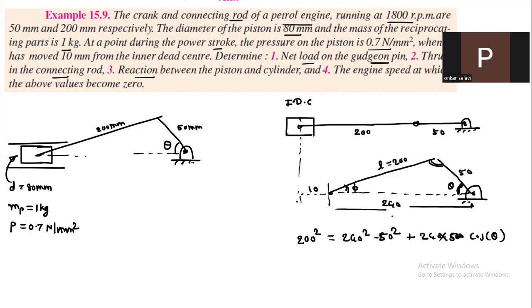Okay, so it is a square plus b square minus 2ab cos of theta. Solve this equation and get the value for theta. So this theta value is 33 degrees.